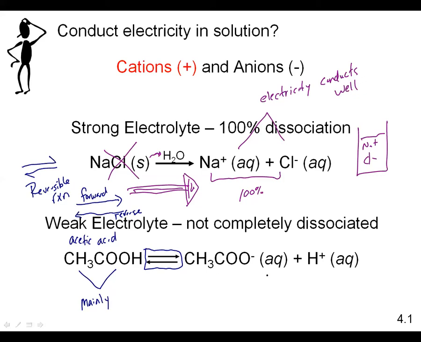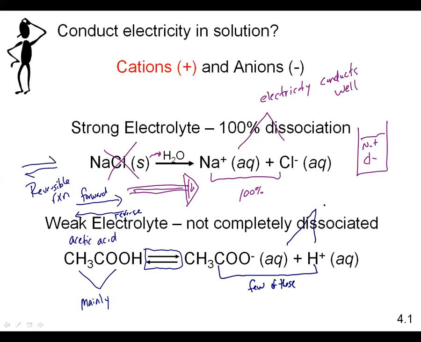But it will break apart into these ions and produce a few of them in solution. Because it's still able to produce a few of these ions on this side, it will still be able to conduct electricity, but nowhere near as well as our strong electrolyte.